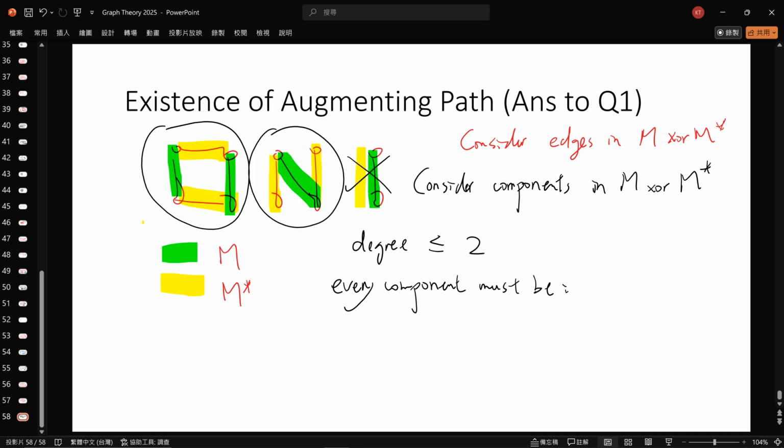Okay? You cannot have degree 0 because we only consider edges in the matching. So as from this graph, you can see that every vertex has at least 1 neighbor because we only consider edges in M and M star. So every vertex is incident to, or adjacent to, at least 1 edge. So you can have at least 1 neighbor. Okay.